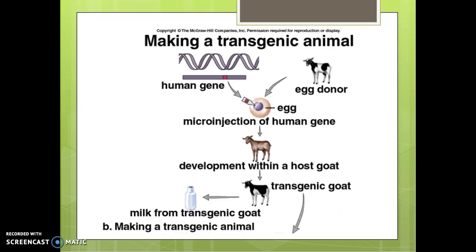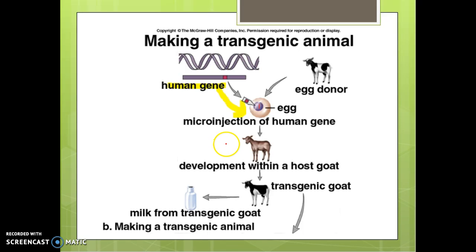Well, can we take the good gene from a person and insert that into a goat? So insert it into the zygote of the goat. So here's the egg, the sperm, etc. Put it into that. And now that gene, that little red human gene, is inside of that developing animal.